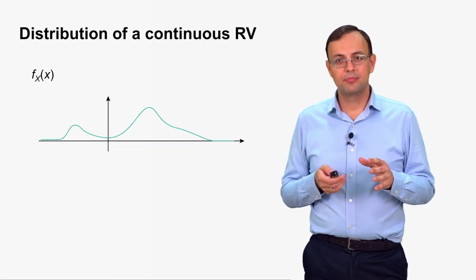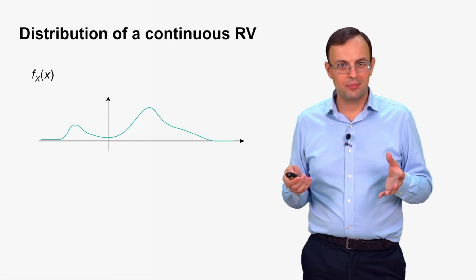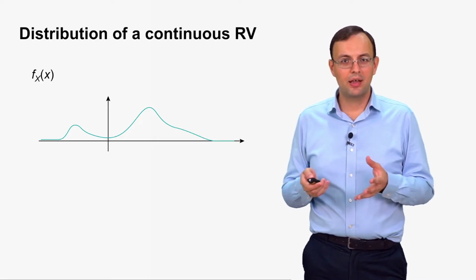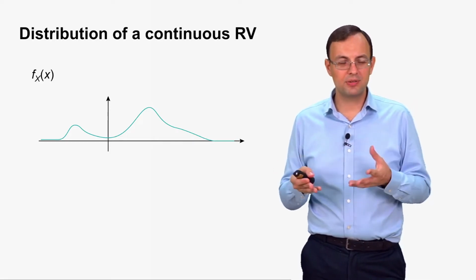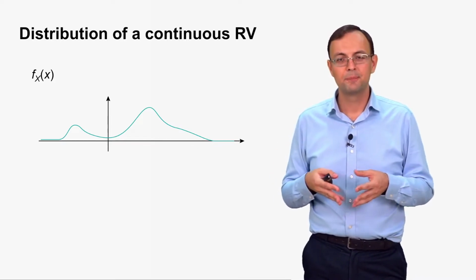Okay, and what about continuous random variables? How about them? Obviously, it is impossible to fill such a table for a continuous random variable. Why?